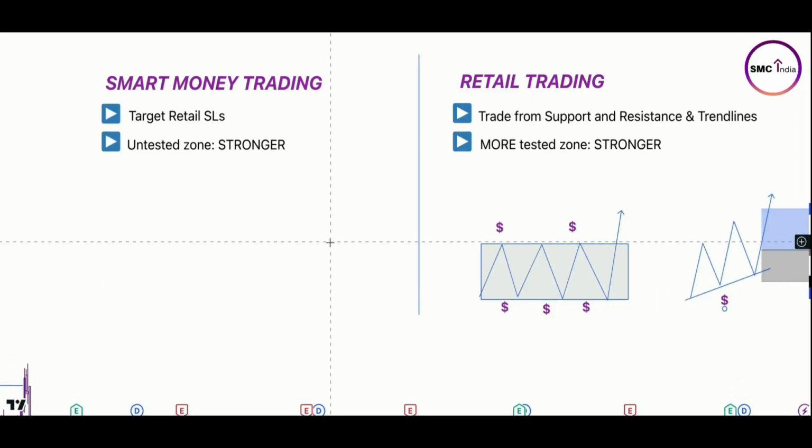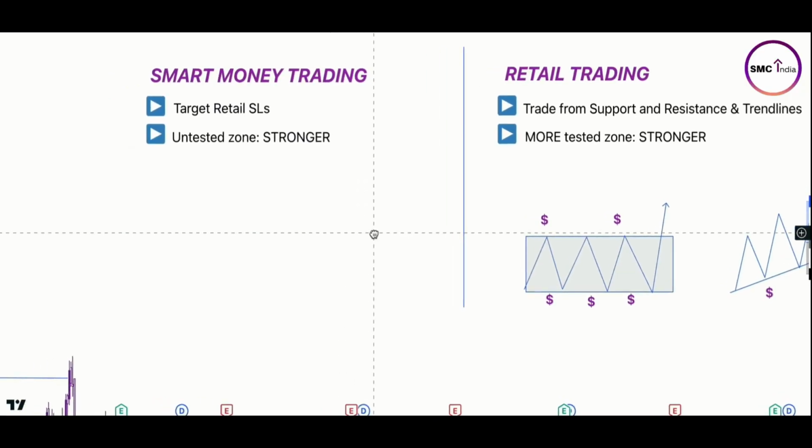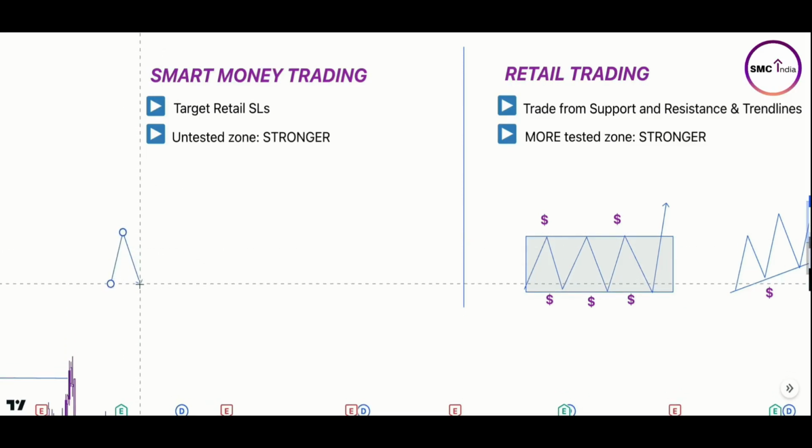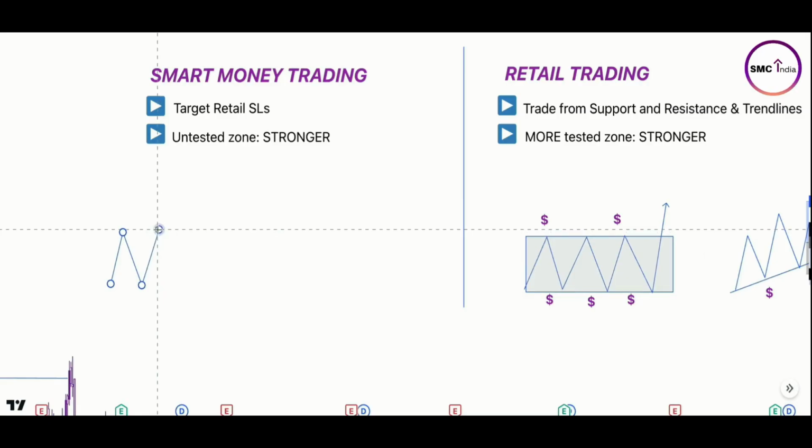As a smart money trader, you know this. So in most cases, you could see that when the price moves in a range like this, taking support from this level, resistance from this level, support from this level, resistance from this level, most of the traders sell from this point.